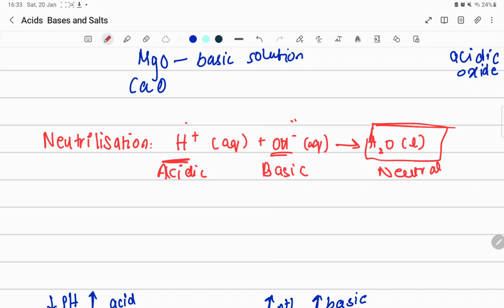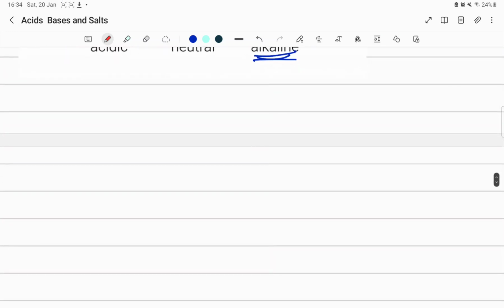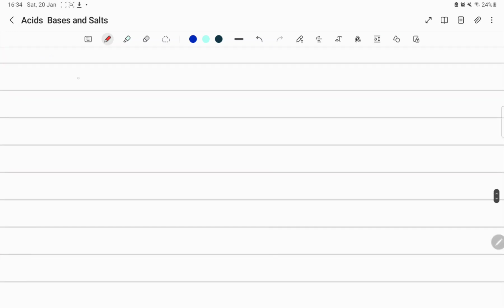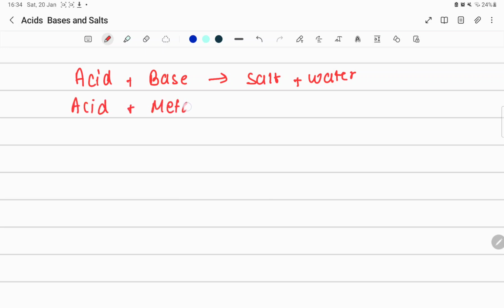Now, there are other reactions that you need to know for acids and bases. All of these are very, very important. We already did the main one, acid plus base gives salt and water. Base ranging from any alkali, hydroxide, or any basic oxide. Then we also have acid plus metal gives salt and hydrogen. Guys, you need to know all of these general equations.